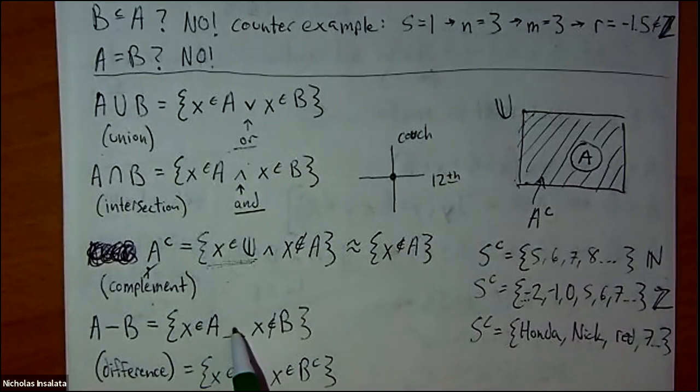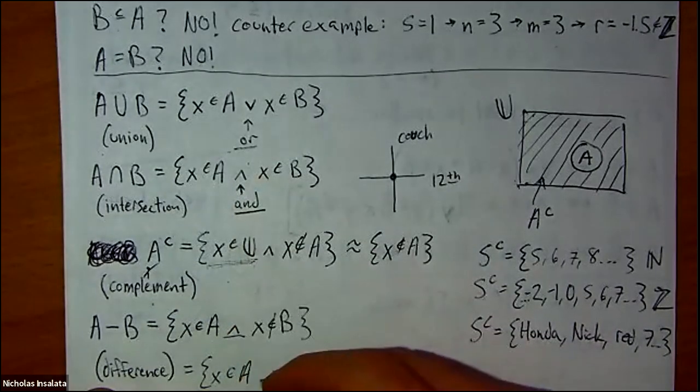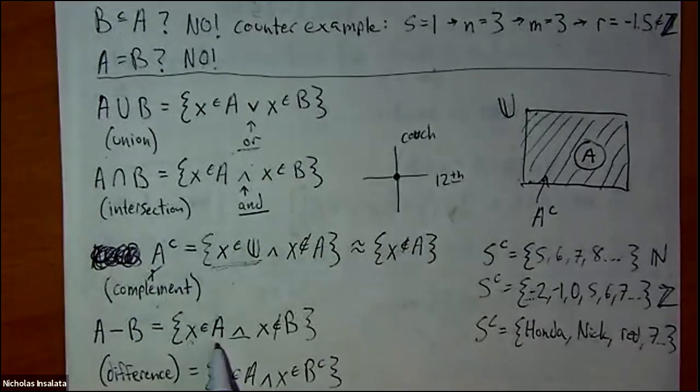And what logical connective do I want here? What Sean called that R. And, very good. So X is an element of A and X is not an element of B. And another way of saying that, X is an element of A and X is an element of B complement, because these two mean the same thing.